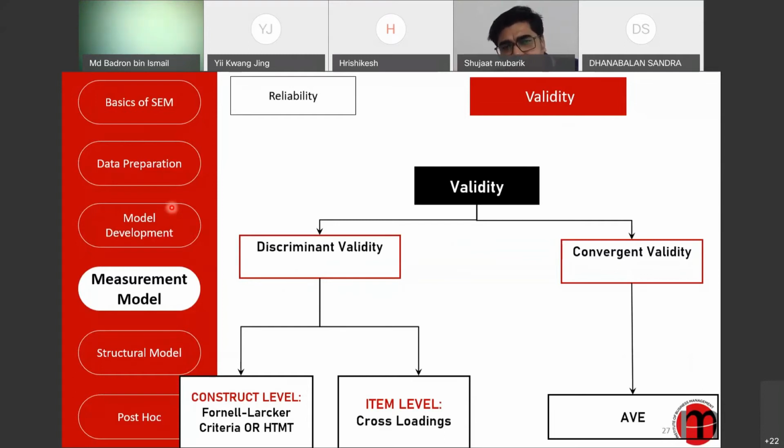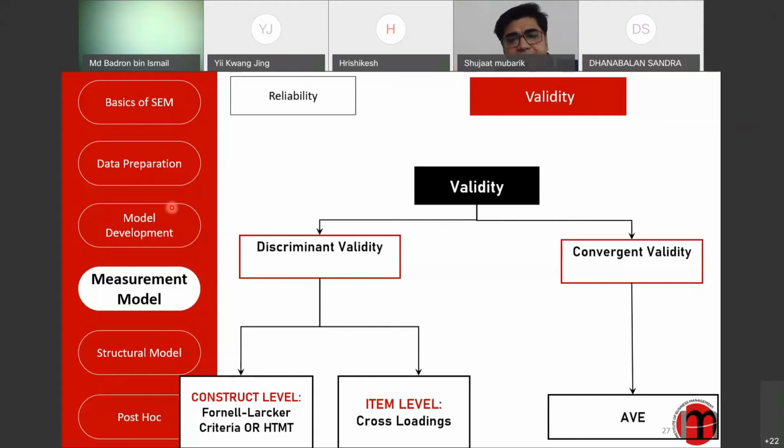The criterion is that the square root of the AVE should be greater than the inter-construct correlations. At the item level, we go for the cross loadings, which means we are loading the items of one construct on the rest of the constructs to see the loadings on the rest of the constructs, which must be lower than the loading on the original construct.